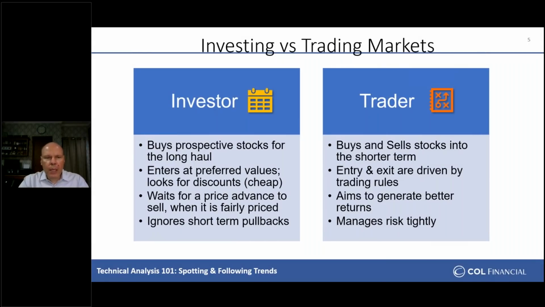Now, in terms of being an investor or trader, technical analysis is really for the trader. If you're wondering what the difference is, an investor, when you buy into stocks, you're really buying for a long-term haul. You're looking for preferred values or discounts in prices that make it quite warranted for you to invest, so that your upside later on can be quite telling.